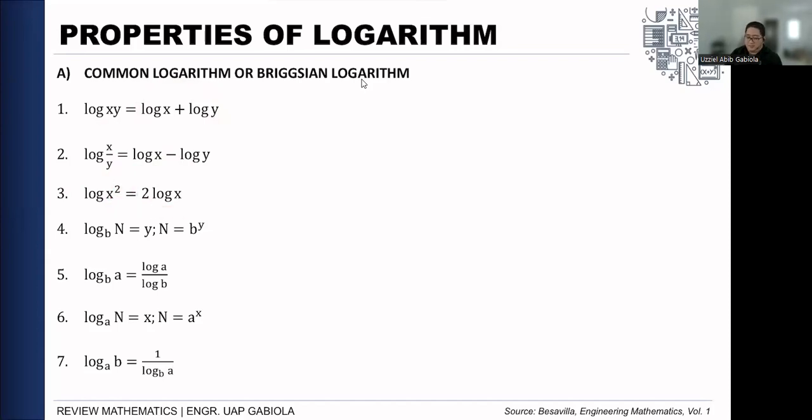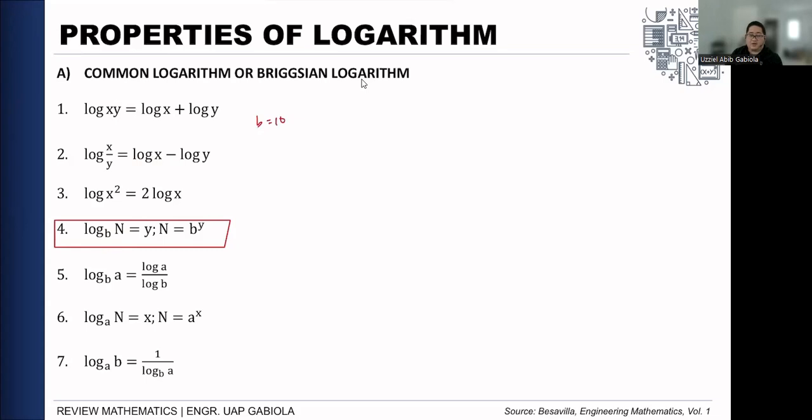Then dito, itong number 4, isa sa mahalagang property ng logarithm na si logarithm of n base b, no? Yung tawag dito sa number na nasa subscript niya is base, no? Dito, pag nakita kayo ng walang number sa ilalim, automatic yung value niya is 10, no? Okay?